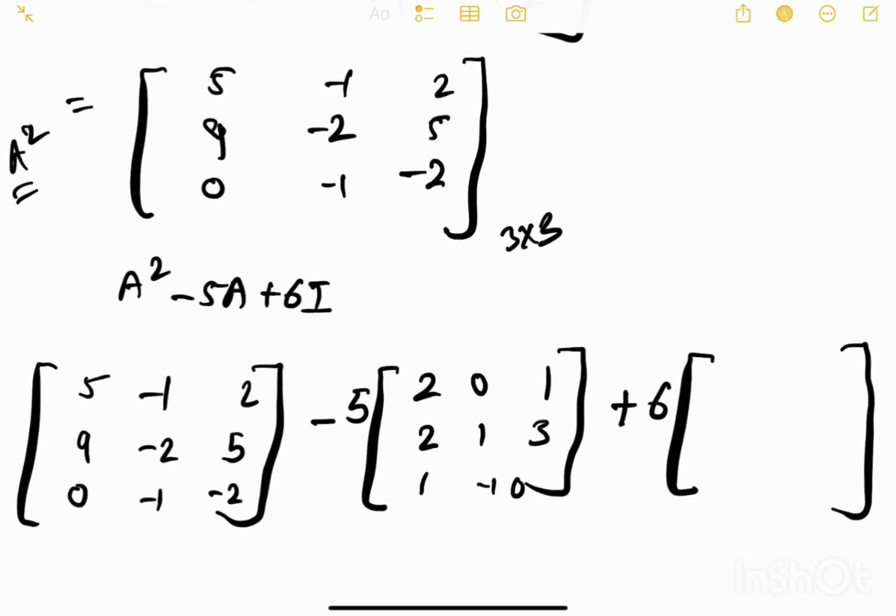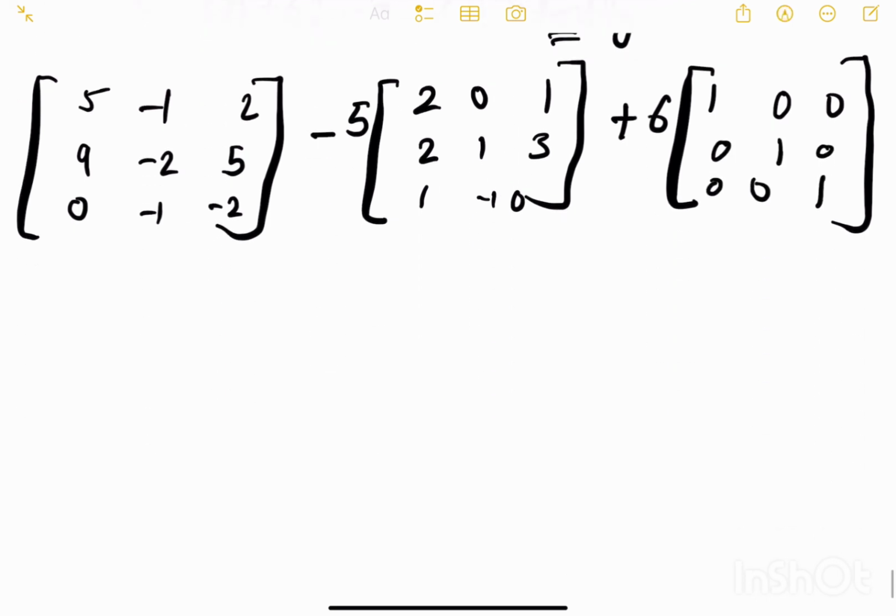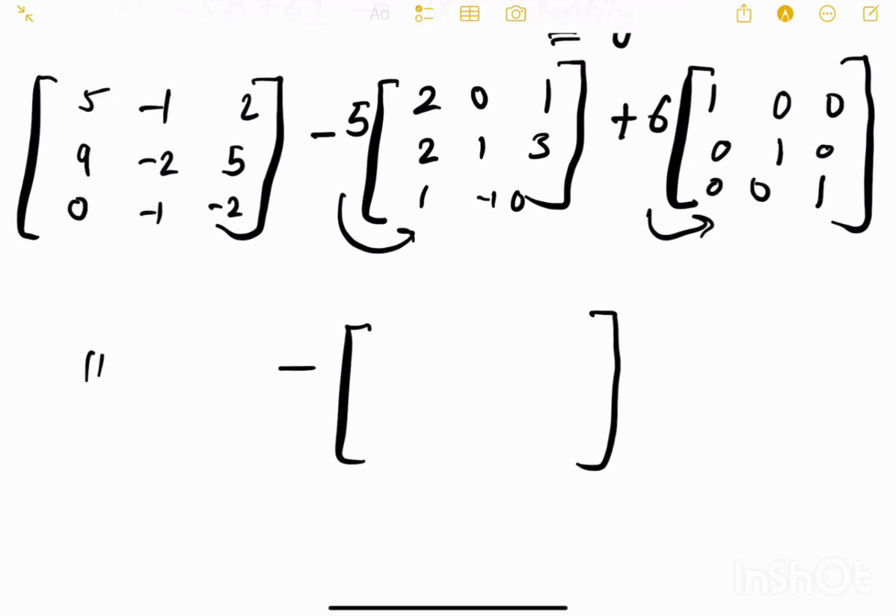Now just focus that because we are dealing with 3 cross 3 matrices, my identity matrix also has to be a 3 cross 3 matrix. Now what is my identity? The non-diagonal elements will be 0 and my diagonal elements will be 1. So first of all we will just scalar multiply these two values. I won't be writing this matrix, I'm just putting inverted commas, which means that I'm just carrying this down in my calculation. So 5 into 2 is, I will just write it.